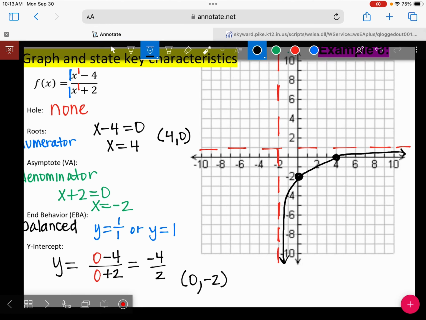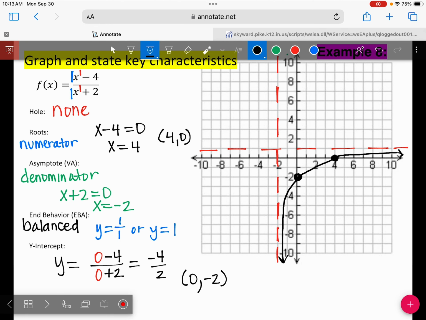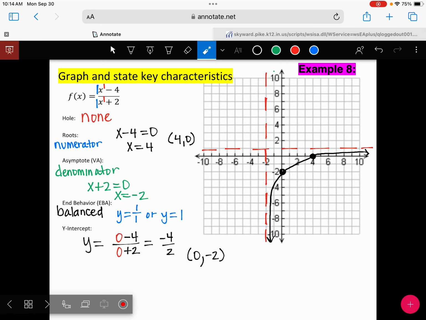So we're going to do a little t-chart to get a few more points, because we don't have anything on the left side of my vertical asymptote. So I'm going to substitute in -3 and -9. And you could choose any numbers on the left side. So I'm going to plug in -3.